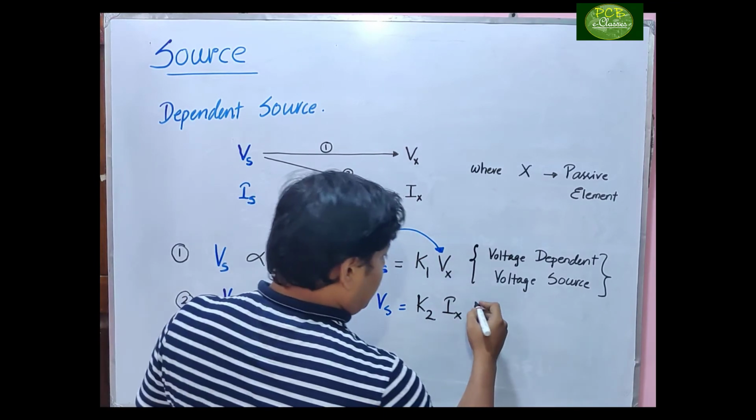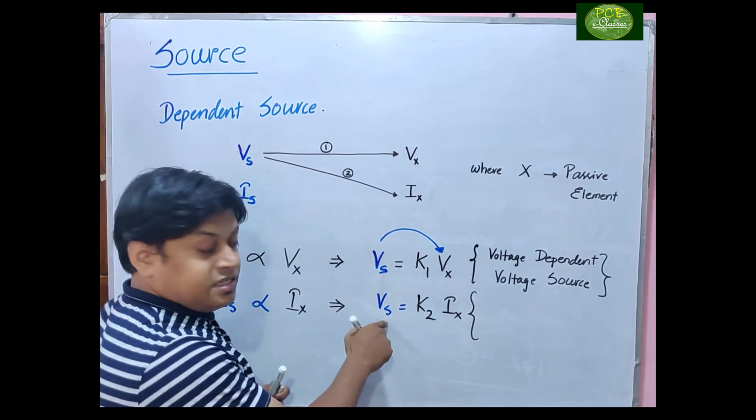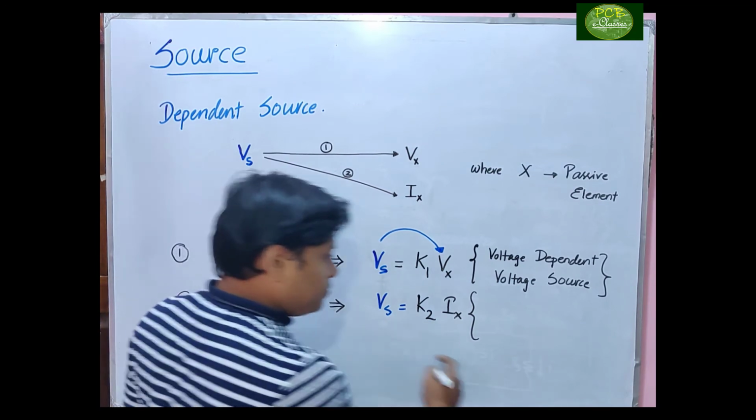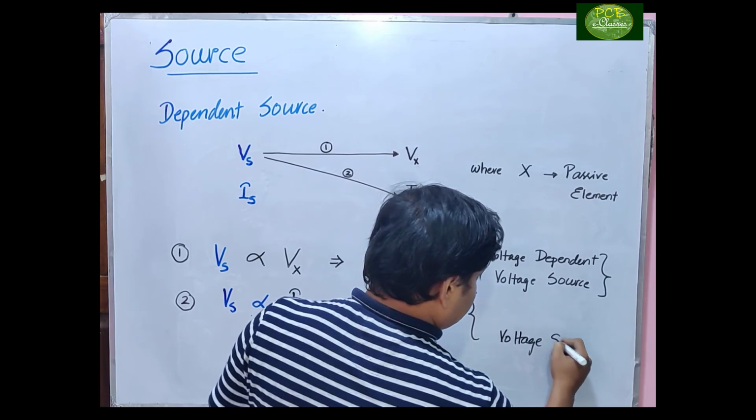Fine. What will I write down? What type of source? Is it a voltage source or current source? Voltage source. So I will write this one as voltage source.